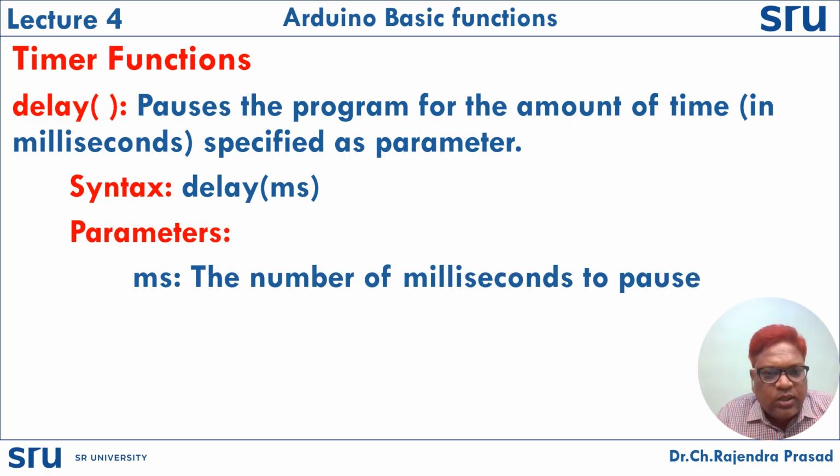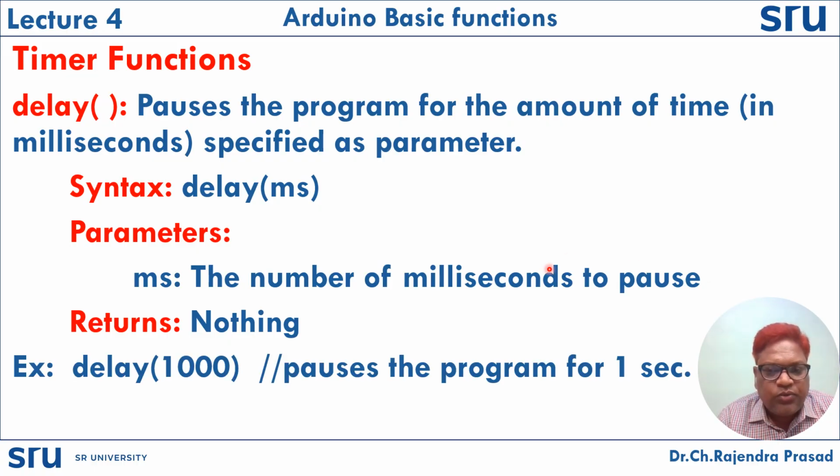So let us see the parameter: millisecond, the number of milliseconds you need to pause. Here millisecond is a parameter, which will pause your program for that many milliseconds. It will not return anything.